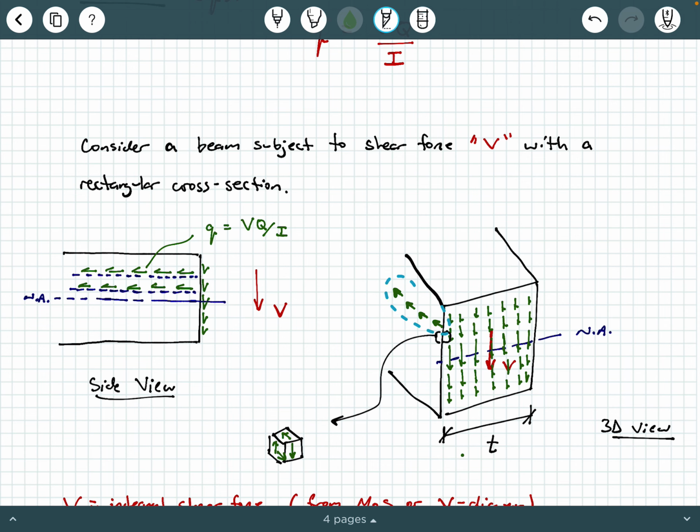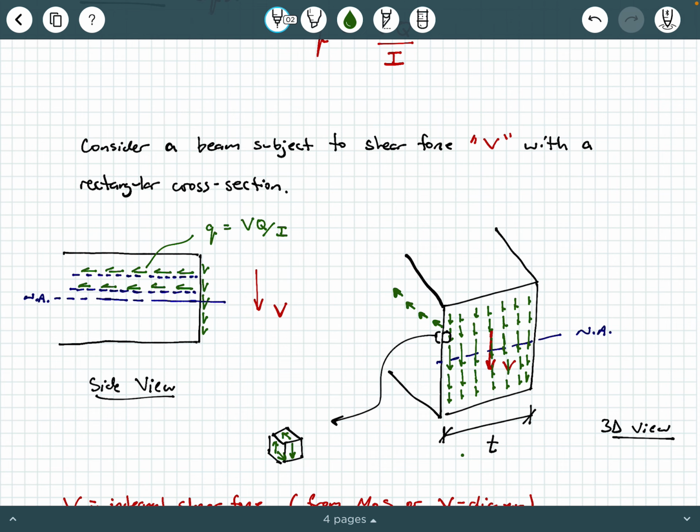These vectors right here are what's showing up on this top or bottom face, and that's what q is, all right? So the way you calculate it, again, is the same as tau, but without the thickness t, because we're saying that this is transmitted as a force per unit length flow in the longitudinal direction.